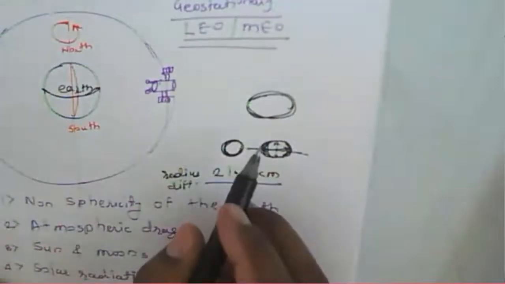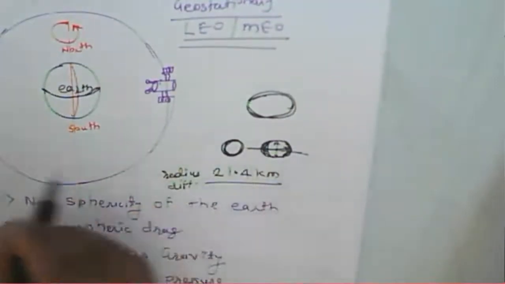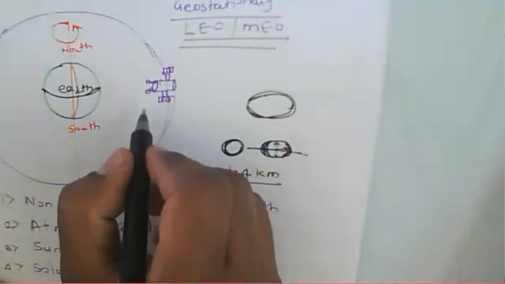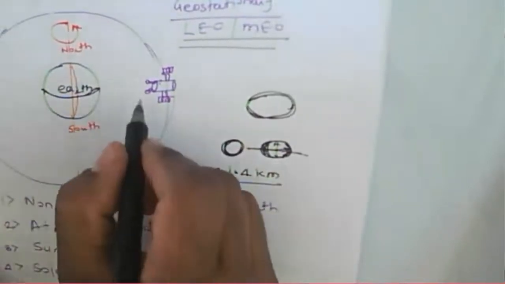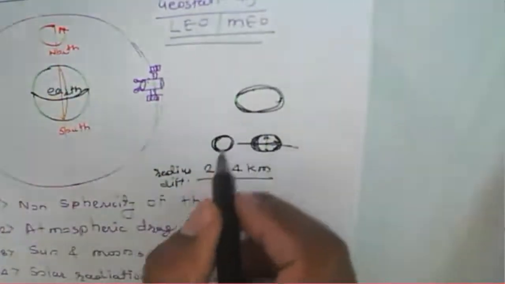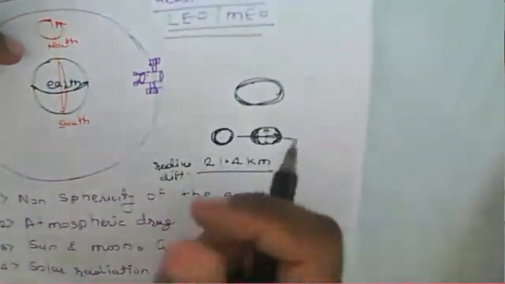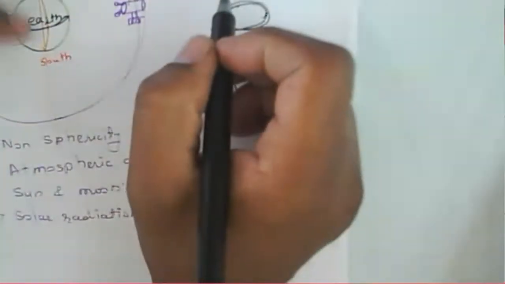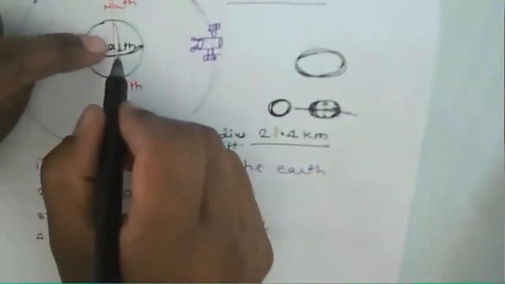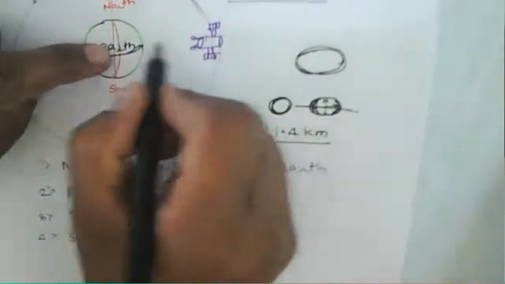And because of that particular cross section, small perturbations occur for the satellite. In terms of what? That is about the path, which means altitude.